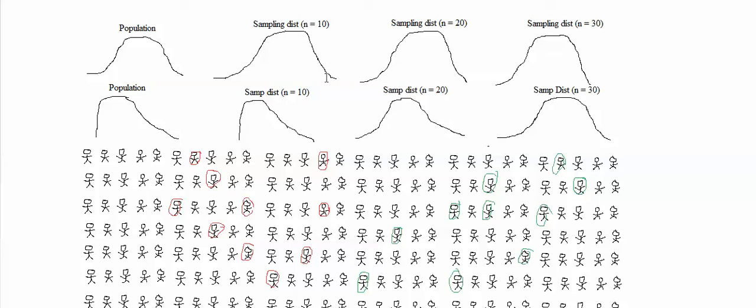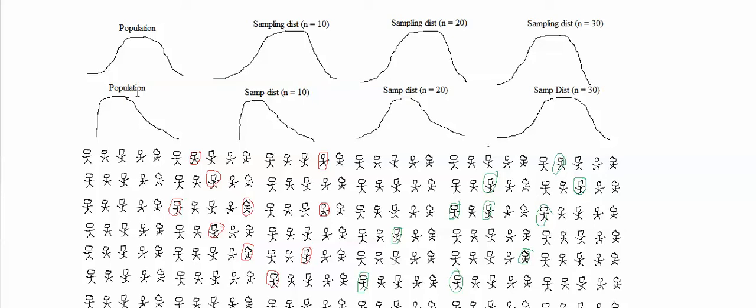What all you have to do is be able to predict the shape that the sampling distribution would have if you did create it. And it turns out that we actually can predict the shape of the sampling distribution because it's predictable based on the shape of the population and the sample size. We just found out that if the population is normal, all of the sampling distributions are normal for all sample sizes.